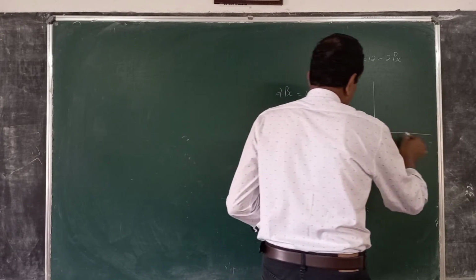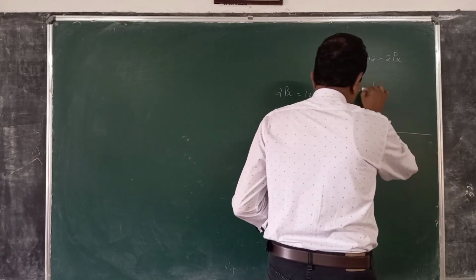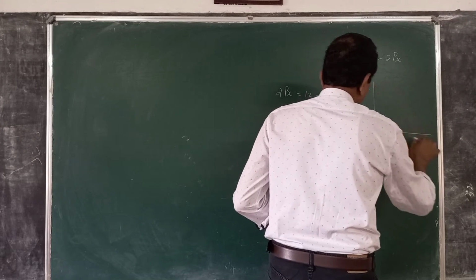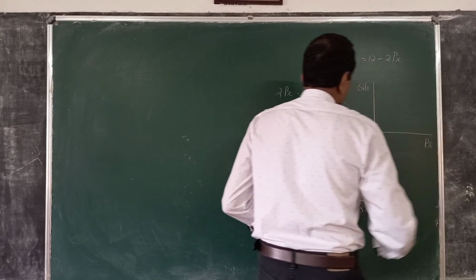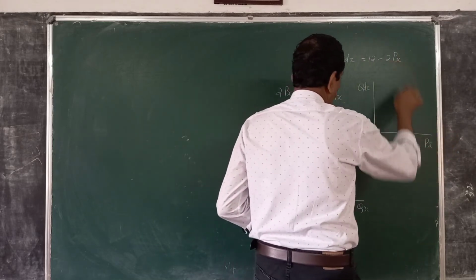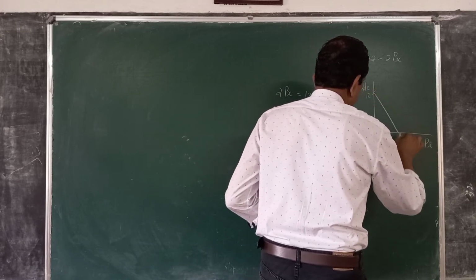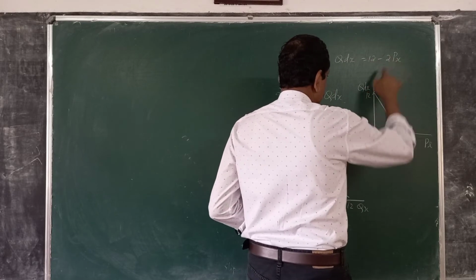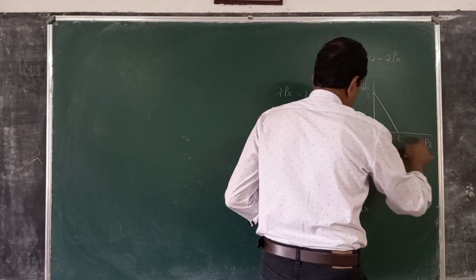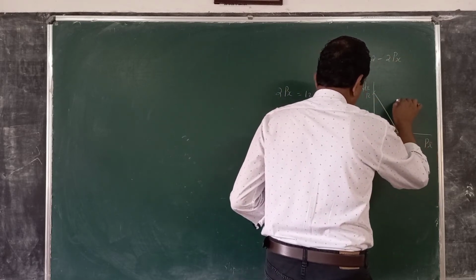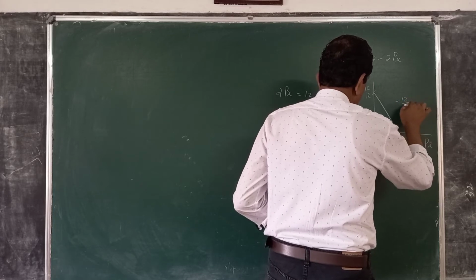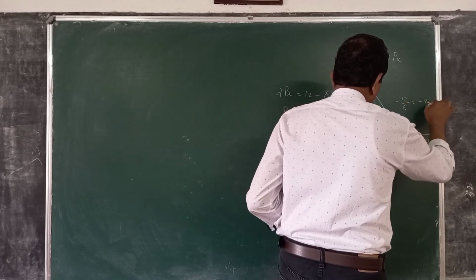So Qdx depends on Px. When Px is 0, it is 12, then 6. So the y-intercept is 12 and the slope is minus 12 by 6, which is equal to minus 2.